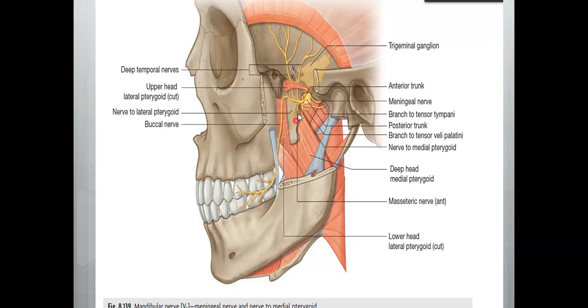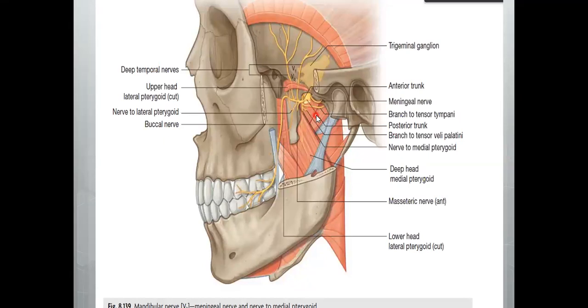And this is again the branch from the anterior trunk, the masseteric nerve. And these are further small branches, which is branch to tensor veli palatini.